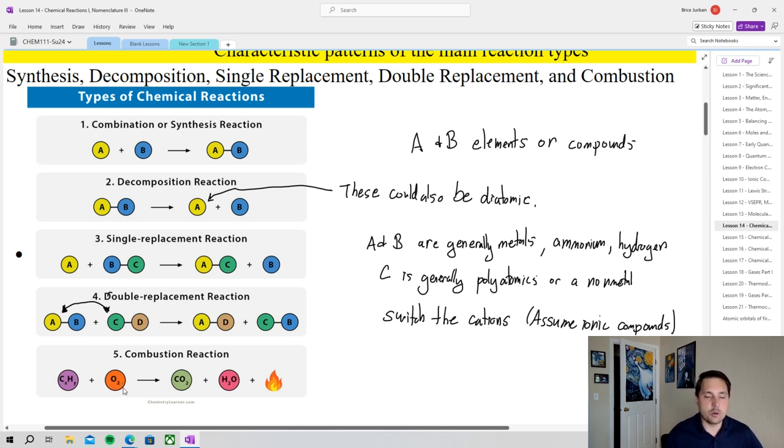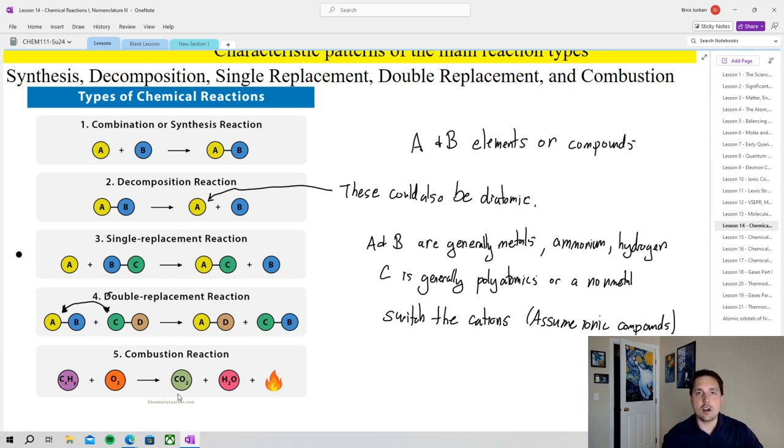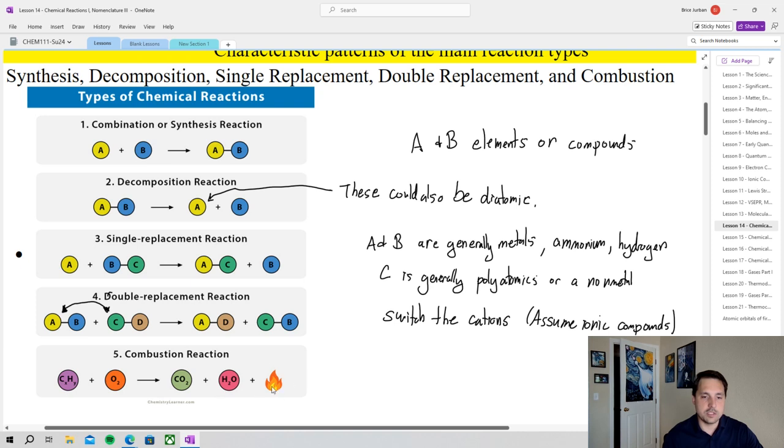And in this reaction, we're going to get heat and fire that's produced as well as light when we break the bonds between carbon and hydrogen to form new carbon-oxygen bonds in the form of carbon dioxide. And we'll also get water vapor as another product. So whenever we have a combustion reaction, if it's something that's combined with oxygen, we're always going to get carbon dioxide and water as a product. And we'll also see fire as a result of that too.